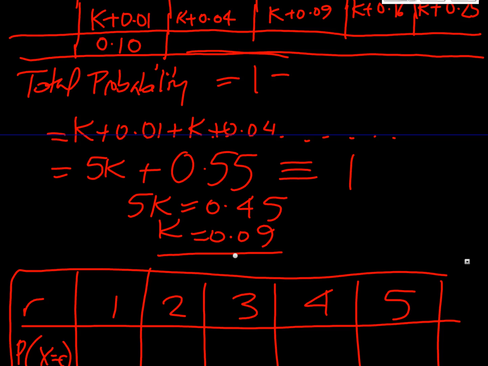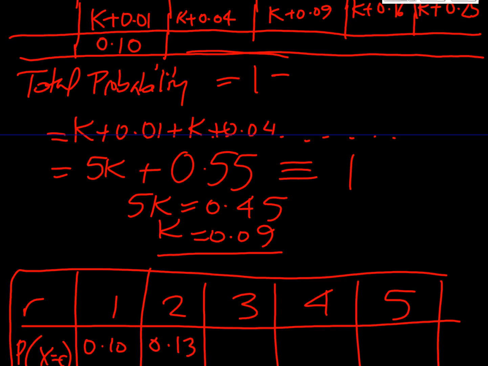I've decided to put it into a new table on the bottom so we've got immediate access to it. The first value was 0.09 plus 0.01, which gave us 0.10. Next one is k plus 0.04, so that's 0.13.